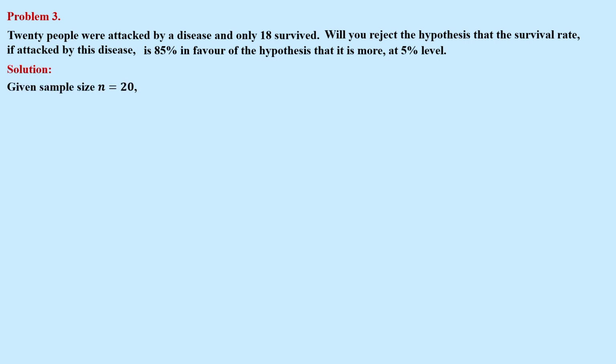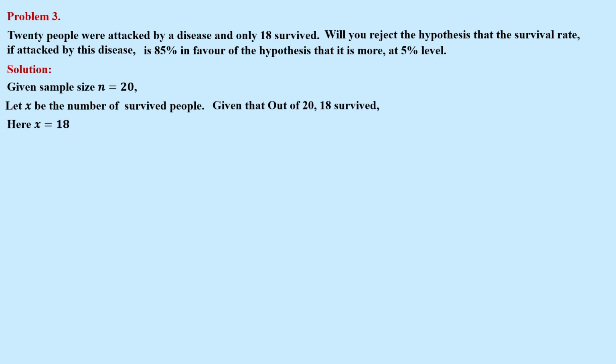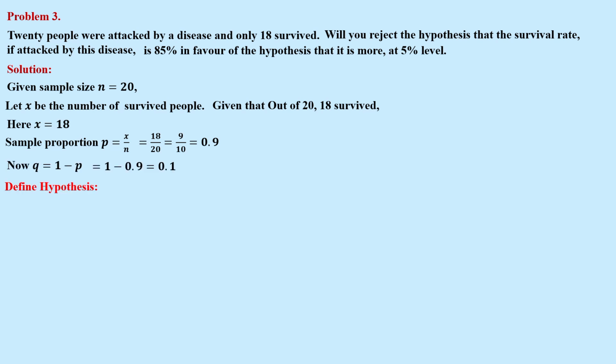Given sample size n is 20. x be the number of survived people, the number of success, x is equal to 18. Out of 20, 18 survived. So proportion p is equal to x by n, that is 18 by 20, that is equal to 0.9, that is probability of success. Failure 1 minus p, that is 1 minus 0.9, that is equal to 0.1.